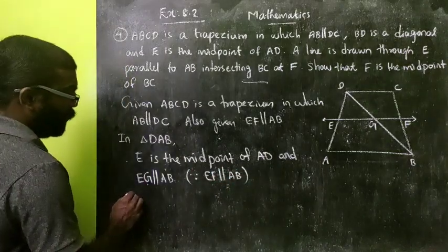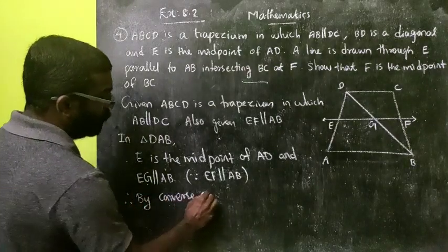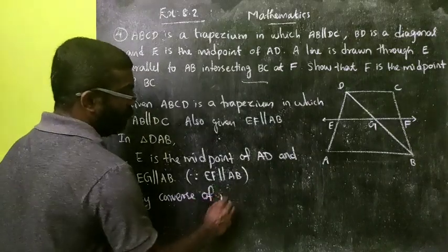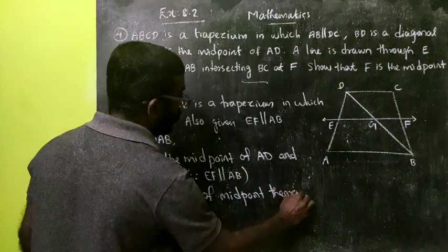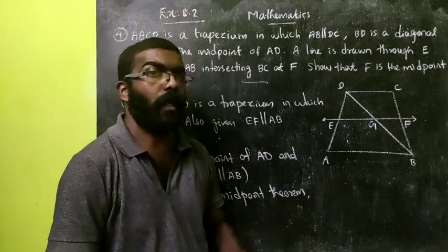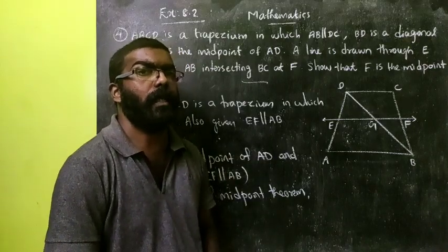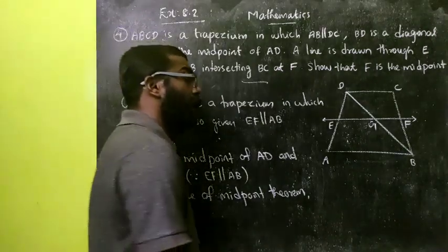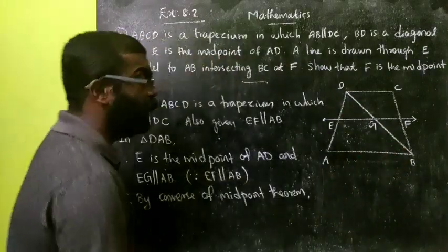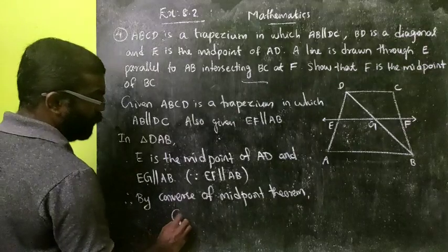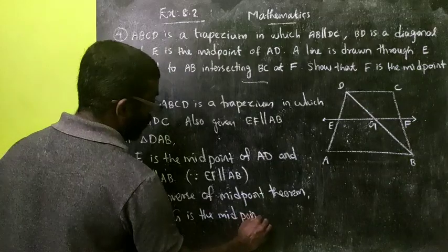So we can apply the converse of midpoint theorem. Therefore, by converse of midpoint theorem, a line drawn through the midpoint of one side of a triangle and parallel to the other side bisects the third side. Okay. So we can say G is the midpoint of DB. Okay. G is the midpoint of DB.